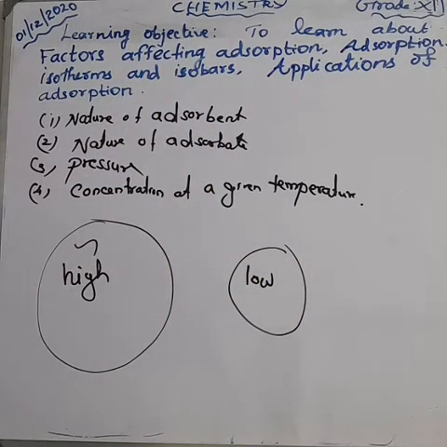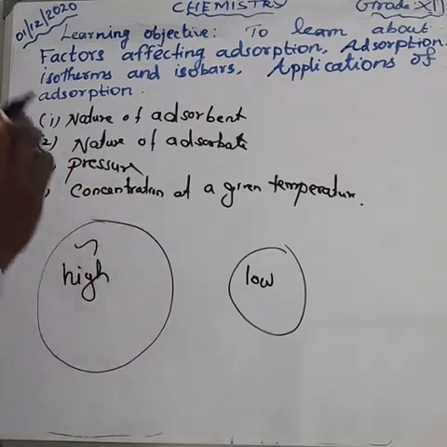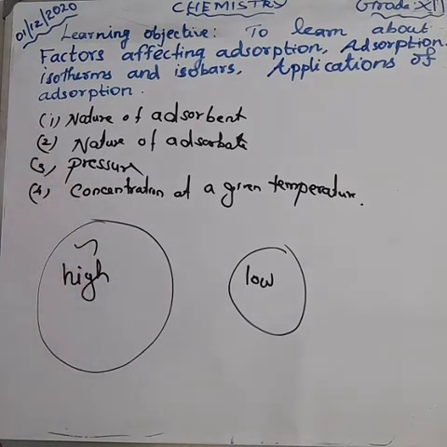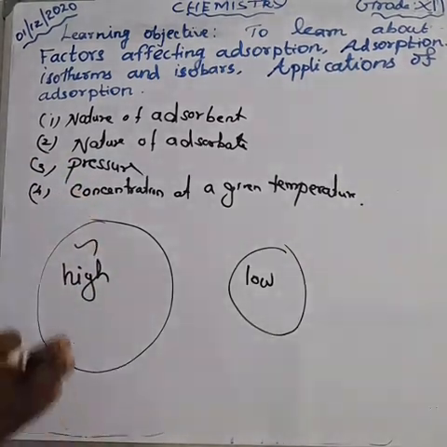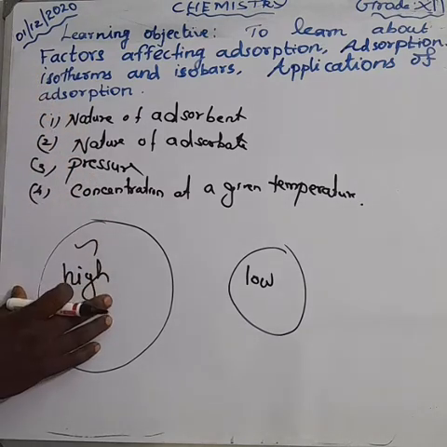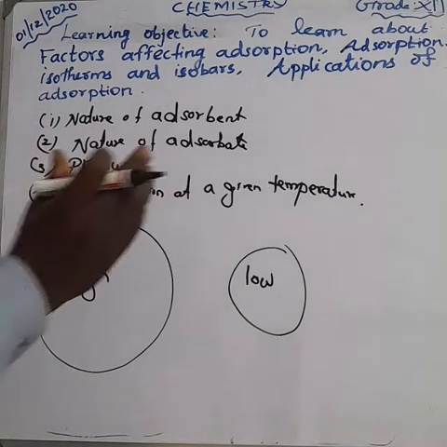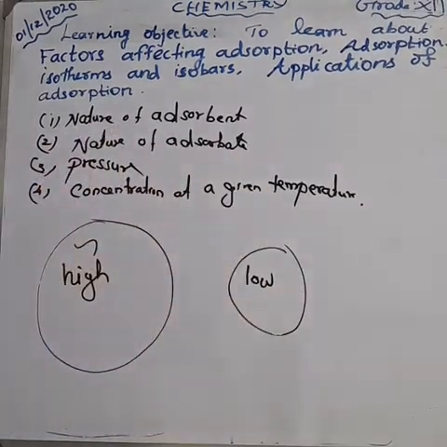Why? What's the reason? Because the higher the surface area, the higher the amount adsorbed. This is the point, don't forget that. Lower the surface area, lower the amount adsorbed.